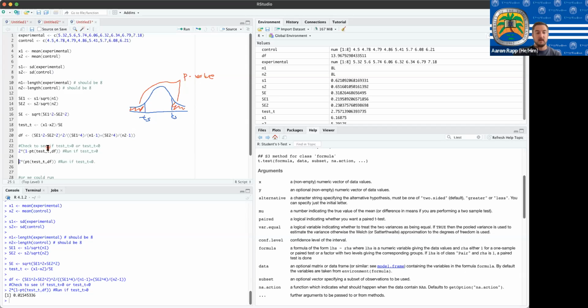Now, just while we're here, I can also calculate the directional. We said my alternative hypothesis was mu1 greater than mu2, which means I just need to take one of these two tails from the test statistic, or from the p-value.